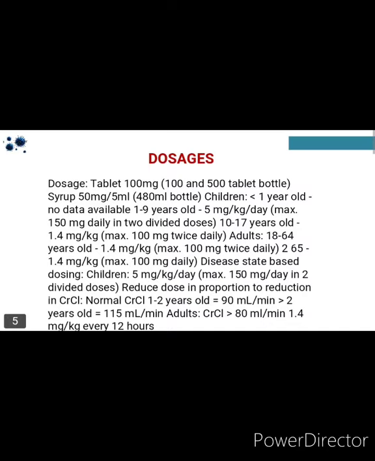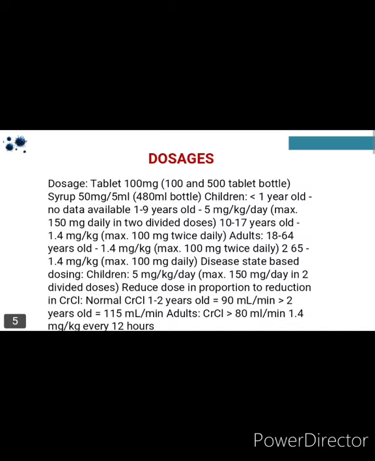For children under 1 year old, no data available. For 1 to 9 years old, 5 mg per day, maximum 150 mg daily in 2 divided doses. For 10 to 17 years old, 1.4 mg, maximum 100 mg twice daily. For adults 18 to 64 years old, 1.4 mg, maximum 100 mg twice daily.